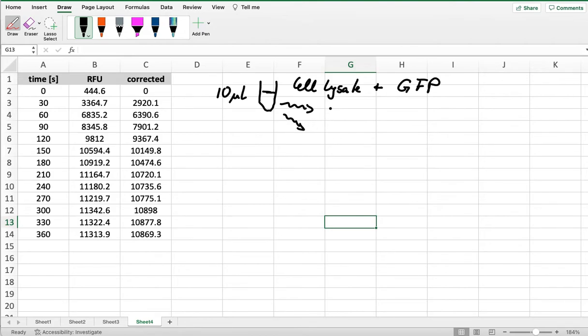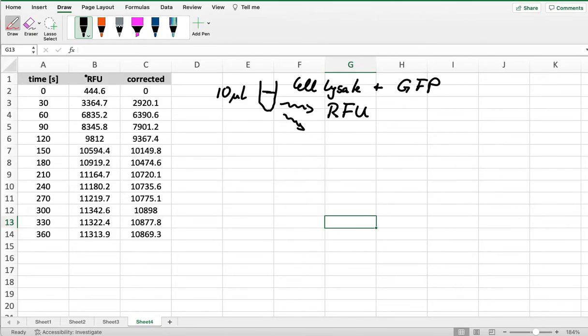And what we measure is the relative fluorescent units, and we measure that in a given time. So we have a machine that does the reading for us. So every 30 seconds, for example, it will take a reading and it will measure the relative fluorescent light units here.